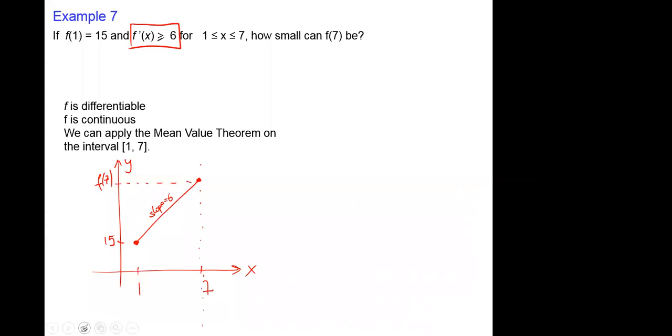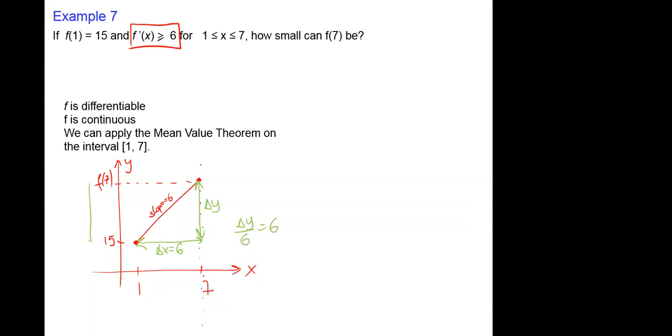Okay, the same situation. Slope 6, that means rise over run. This is rise, this is run. How many units do we have between 1 and 7? Actually 6. That means now, what number do I have to divide by 6 to get 6? 36.